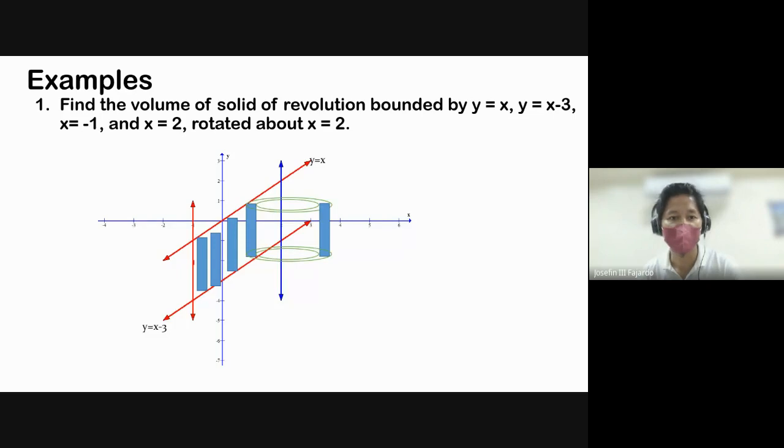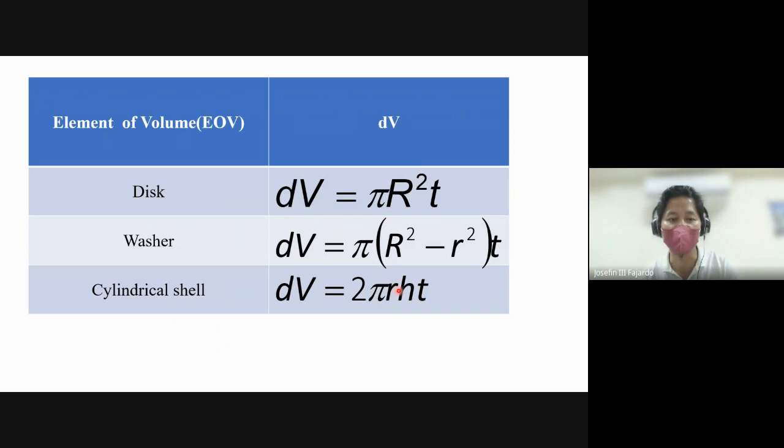Yes po. Okay, so dahil cylindrical shell ang nagawa natin, if you go back to the steps, we have to identify now yung ating 2 pi RHT, right? So isa-isahin natin. So syempre 2 pi is constant. So identify na lang natin si R, H, and then T. So let me go back there.